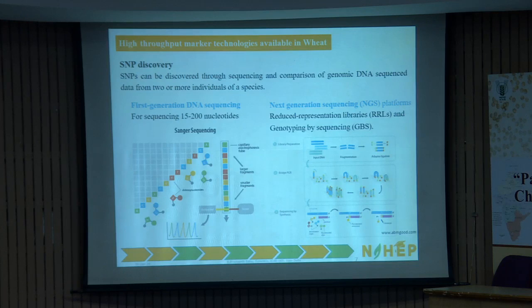These two work on the principle of restriction enzymes. Restriction enzymes cut the DNA into fragments, then adapters are ligated, and these sequences are multiplied by using PCR, small segments, and their copy number is studied. When the copy numbers are very high, that indicates a lot of repetitiveness in the DNA.